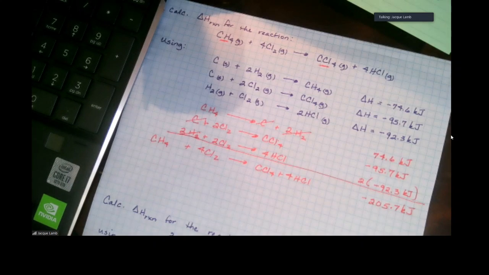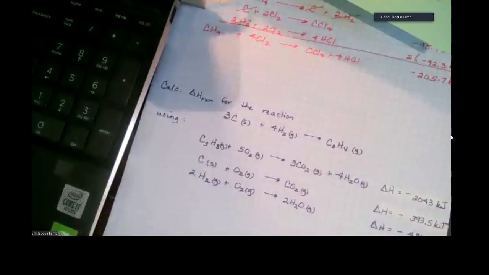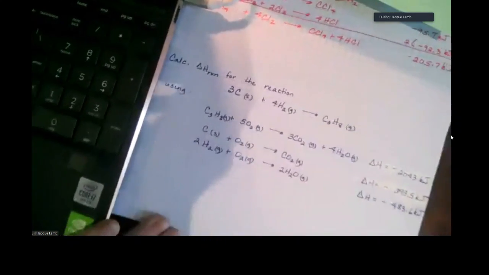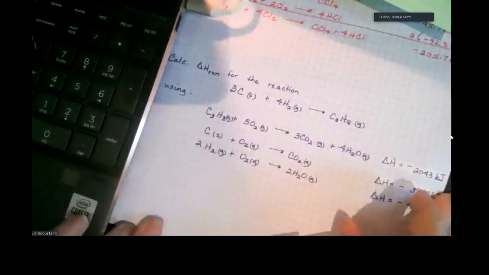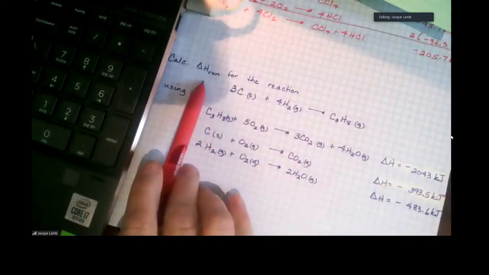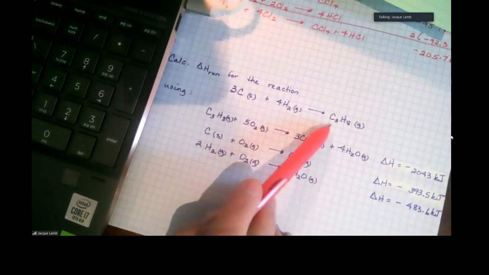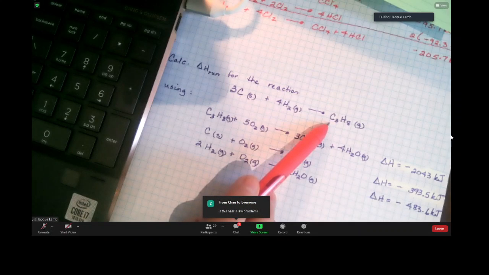I have another one here. I am willing to challenge you with it to see if you can do it. Let me get that up a little higher so you can see it. Can you do this one? Delta H for the reaction, 3 carbons plus 4 hydrogen molecules. This is a delta H of formation because it's forming 1 mole of propane.